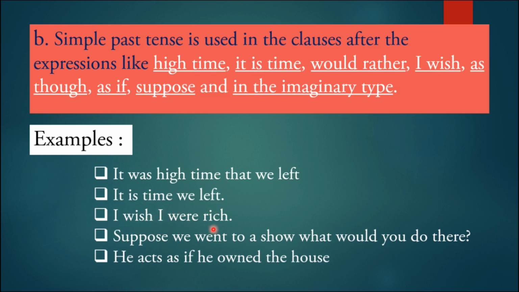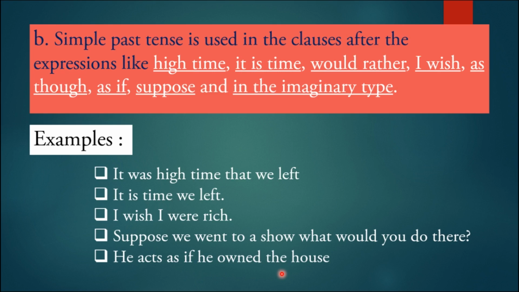It's an imagination. Suppose we went to a show, what would you do there? He acts as if he owned the house. Some people act like they have two houses, though they don't.